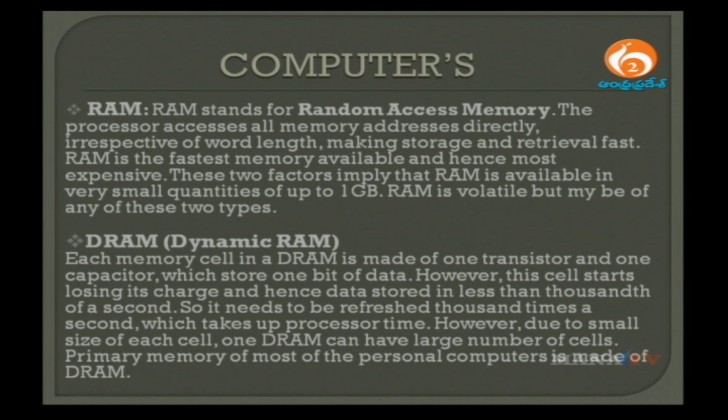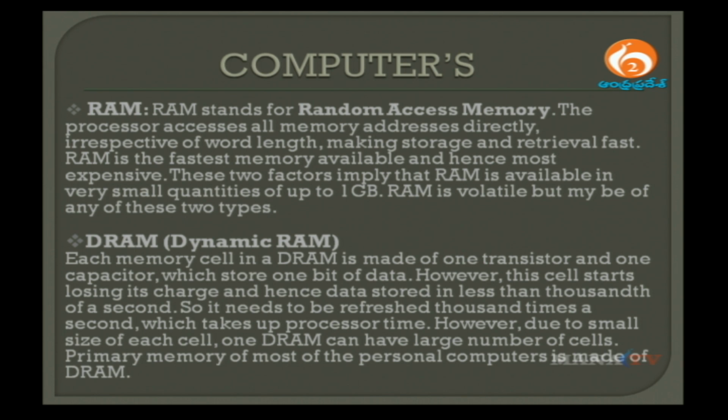However, the cell starts losing its charge, and hence the data stored, in less than a thousandth of a second, so it needs to be refreshed 1000 times a second, which takes up processor time. However, due to the small size of each cell, one dynamic RAM can have a large number of cells.